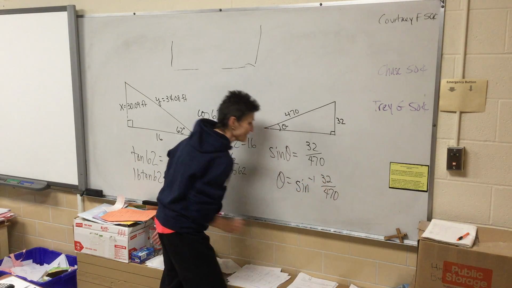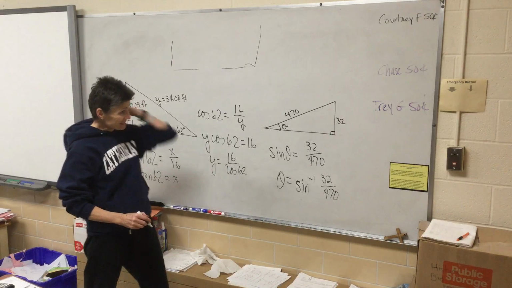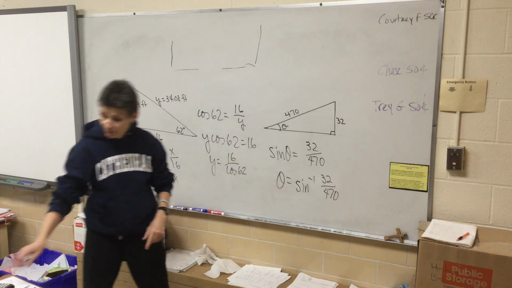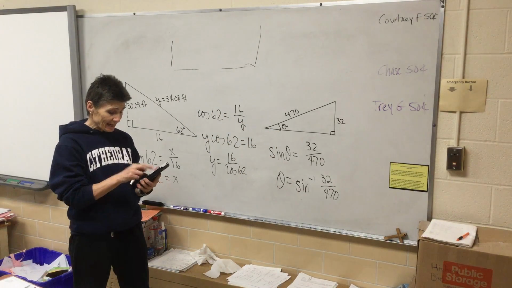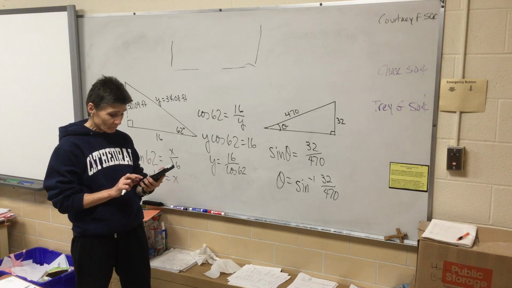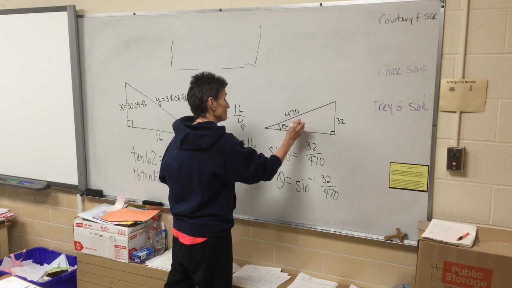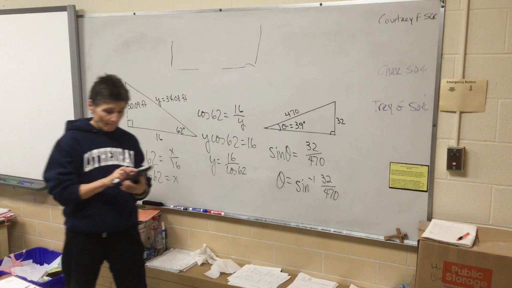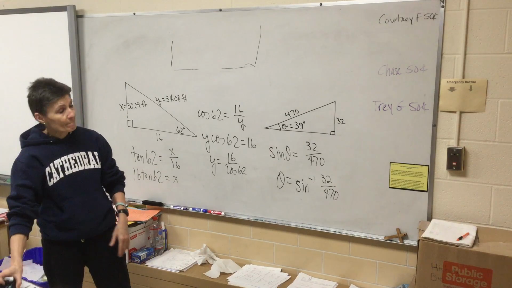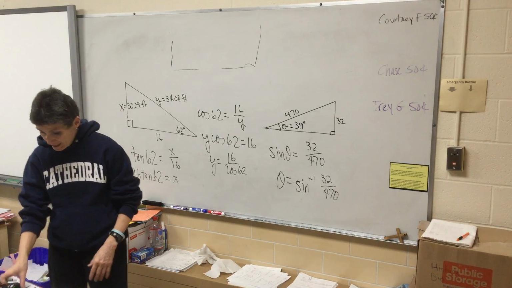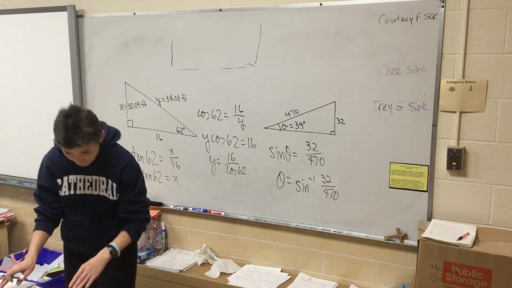When you are finding an angle, when the variable is an angle, you're going to have to do your inverse. So second sine 32 divided by 470, and it is about 3.9 degrees. That ramp is 3.9 degrees.